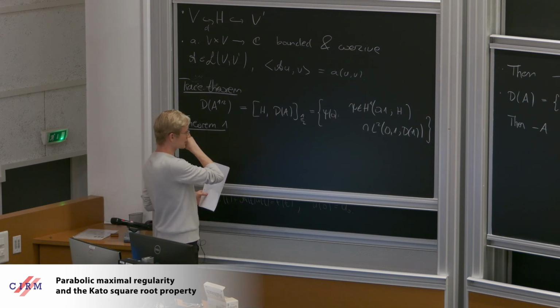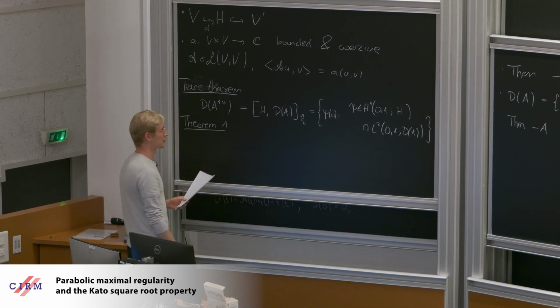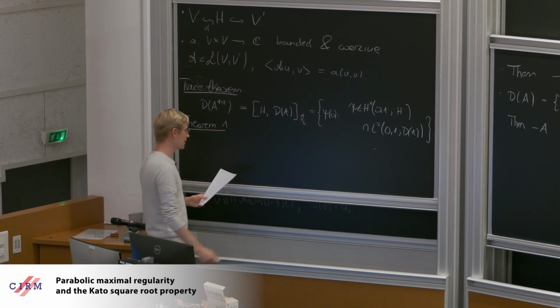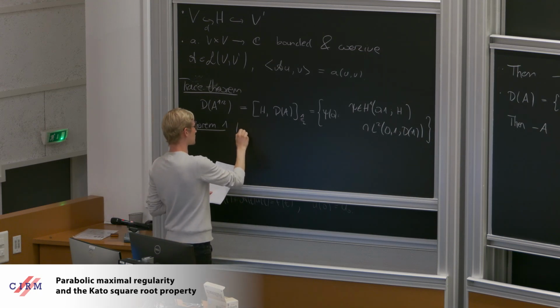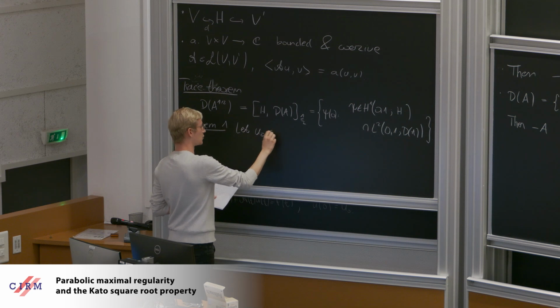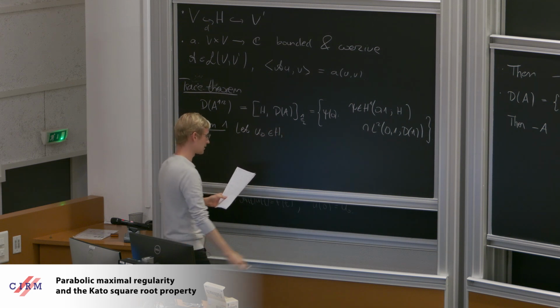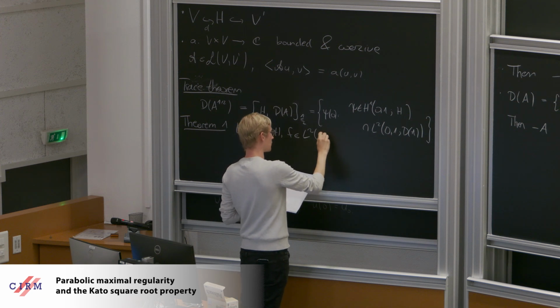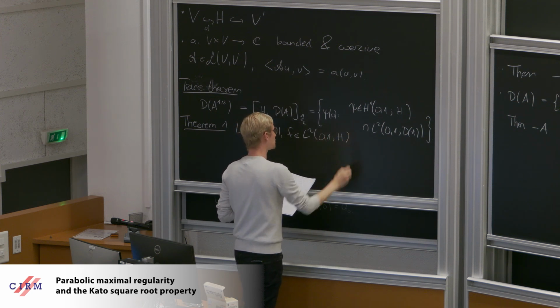And basically, you can prove the following. Again, we have to accept this as a fact, just to see what the setup is in the autonomous case. So we consider a u0 in H and an f in L2 of (0,1) with values in H.